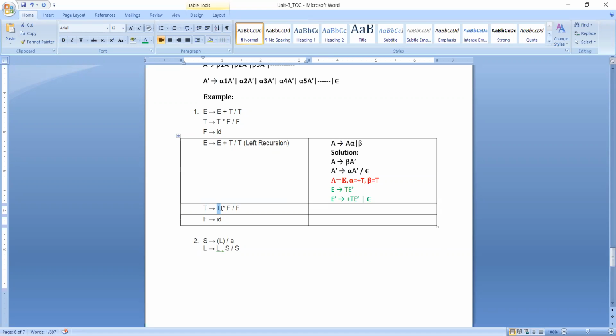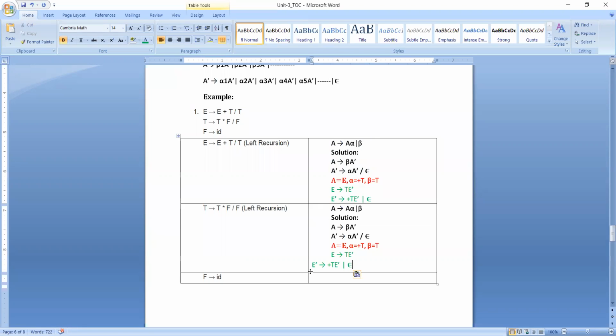Capital T. Both symbols are the same. So from this we can say that this production is also involved in left recursion. Hence again we need to remove the left recursion present in the grammar. This time we have a different grammar.